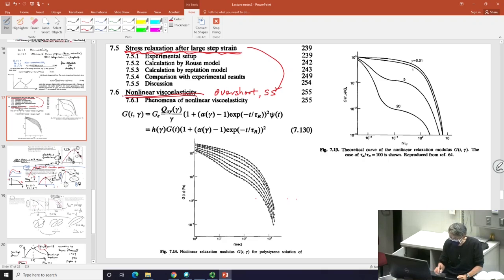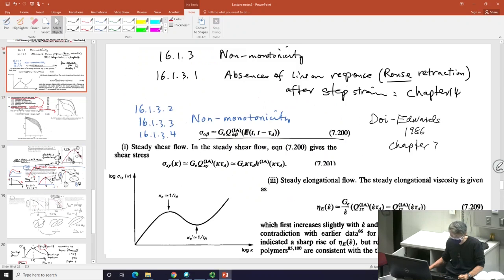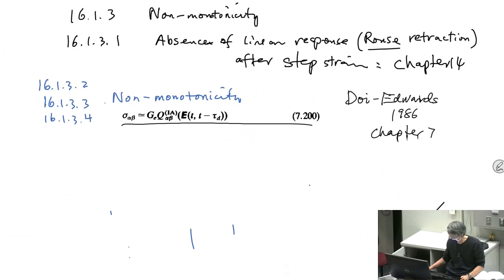Whereas this later section on overshoot and steady state and non-monotonicity is a little bit more qualitative only. So I think this is the reason they single this out to talk about, because they can be quantitative about it. So here's that slide that I want to go to the play mode and show you.